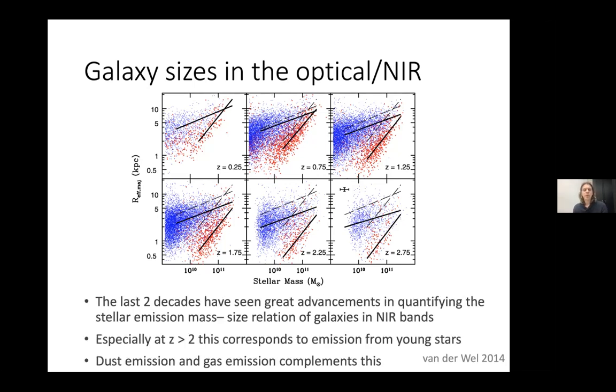But again, it's good to remember that especially at redshifts above 2 or so, the optical or near-infrared emission actually corresponds to, first of all, emission from young stars, but also emission that is being obscured. So you need this dust-obscured star formation component to really know where these young stars are living, where in the galaxies young stars are forming, to get a full understanding of at what locations in galaxies stars form, how this couples to where the stellar mass is located, or how this couples to where the gas out of which the stars form is located.